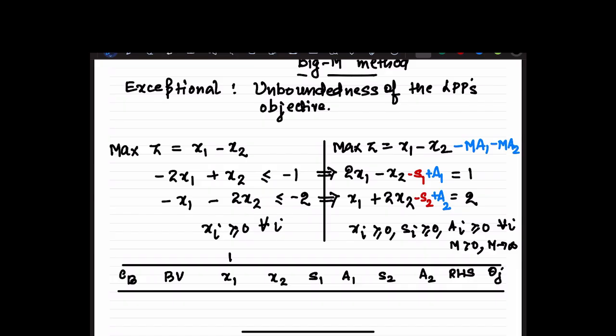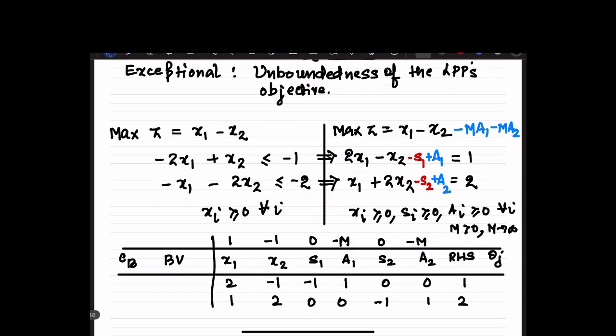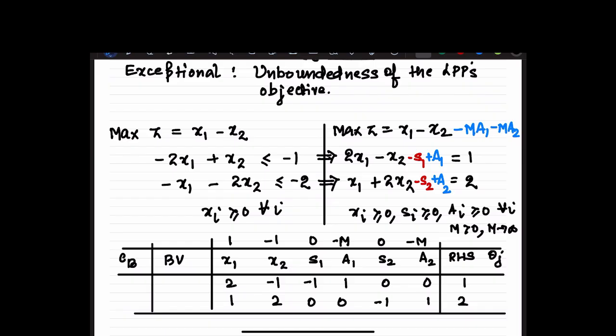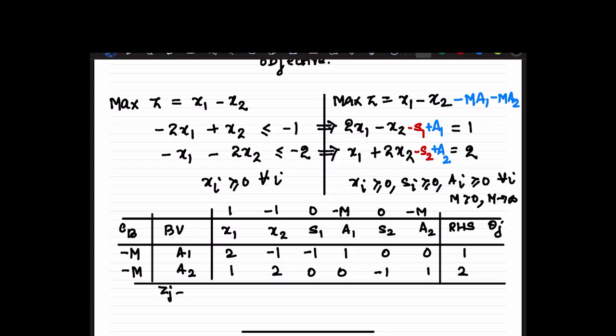So the coefficients are 1, minus 1, 0, minus M, 0, minus M, then 2, minus 1, minus 1, 1, 0, 0, 1, 1, 2, 0, 0, minus 1, 1, 2. So the basic variables are a1 and a2, with minus M, and then zj minus cj.